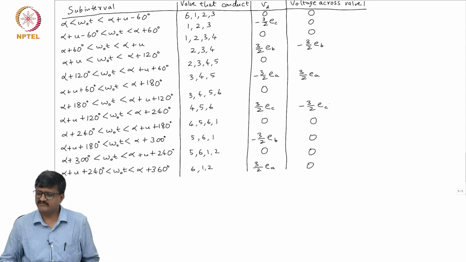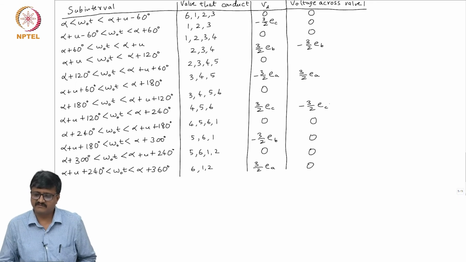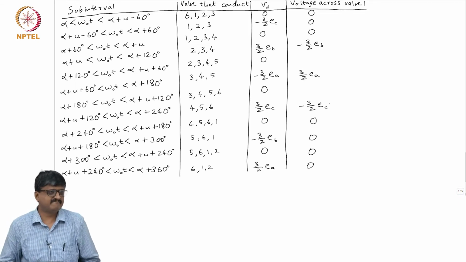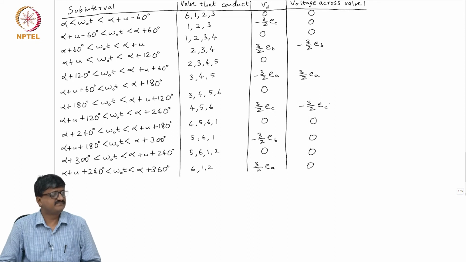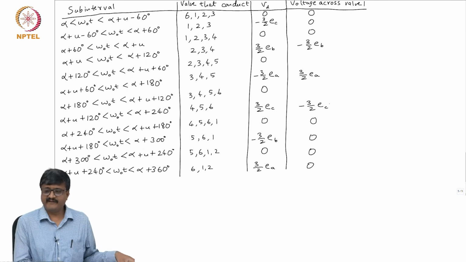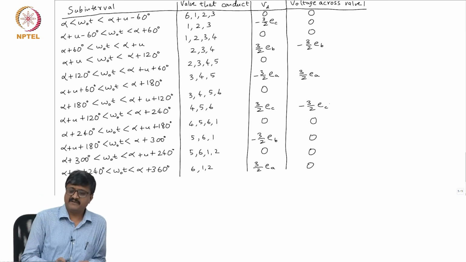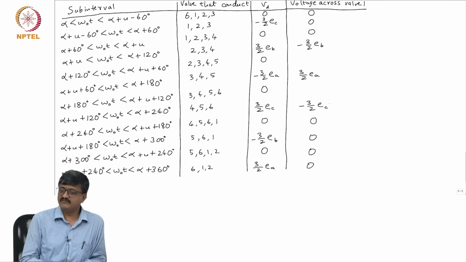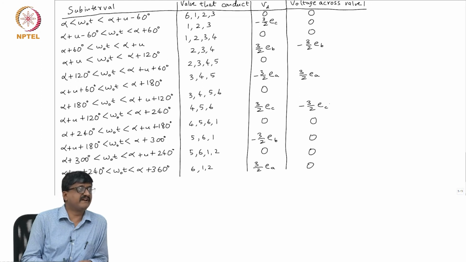Now, let us come to the case where valves 2, 3, 4 and 5 are conducting. What is the voltage across valve 1 when valves 2, 3, 4 and 5 are conducting? When 2 and 5 conduct, the DC side voltage is 0. Vd is 0, of course.